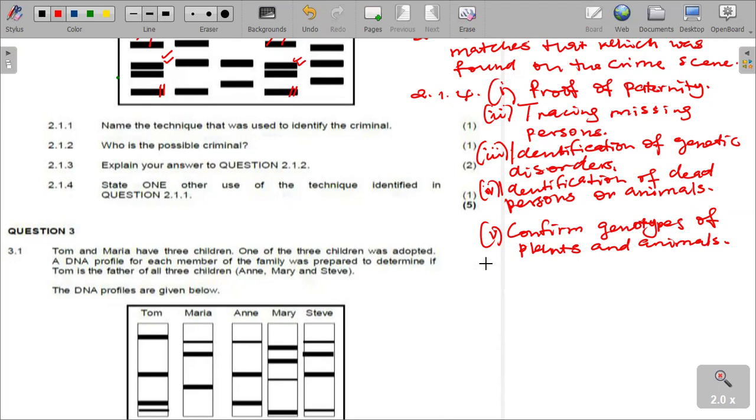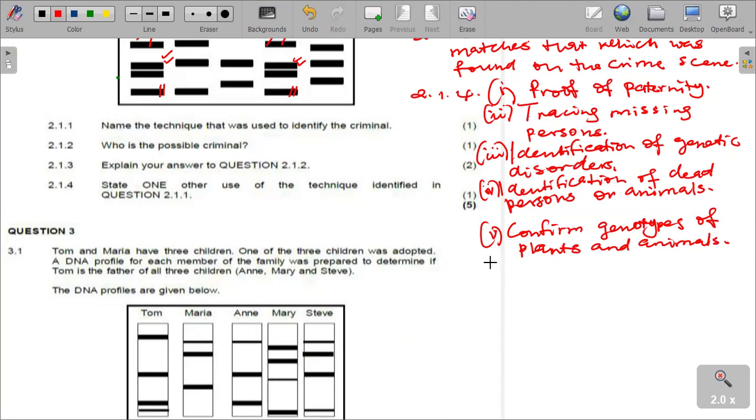It is defined by the what? By the genotype. So plants' and animals' genotypes can also be confirmed through DNA profiling. Last but not least, we can also use it for matching tissues for organ transplant.